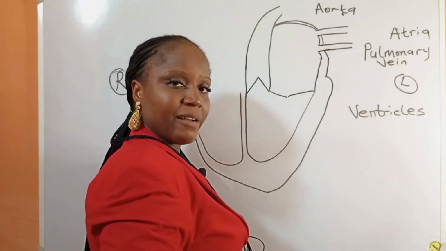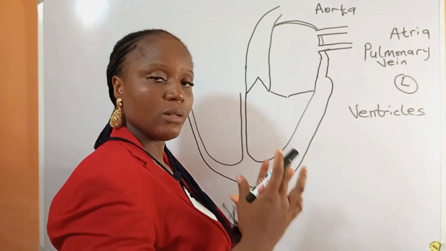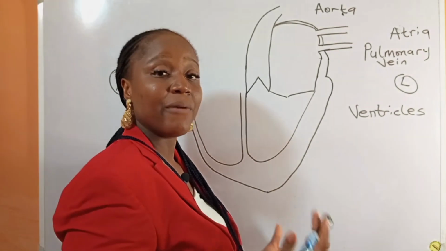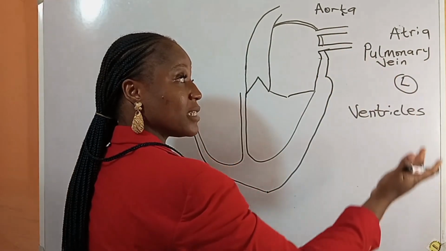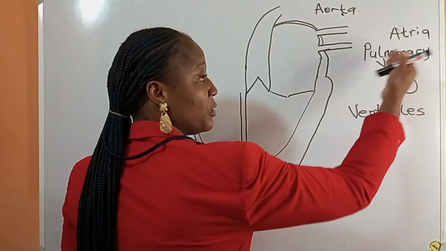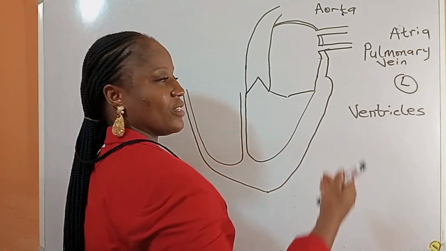Why the name pulmonary? Pulmonary means anything that has to do with the lungs. And veins, we know, are blood vessels that bring blood to the heart. Because those veins are transporting blood back into the heart from the lungs, we have pulmonary meaning lungs, and veins meaning back into the heart.